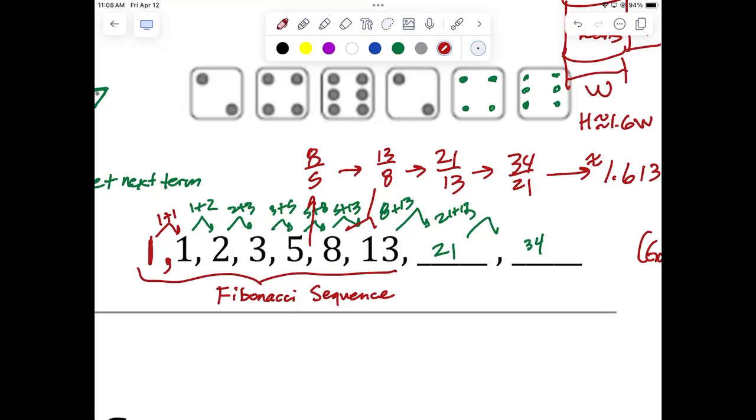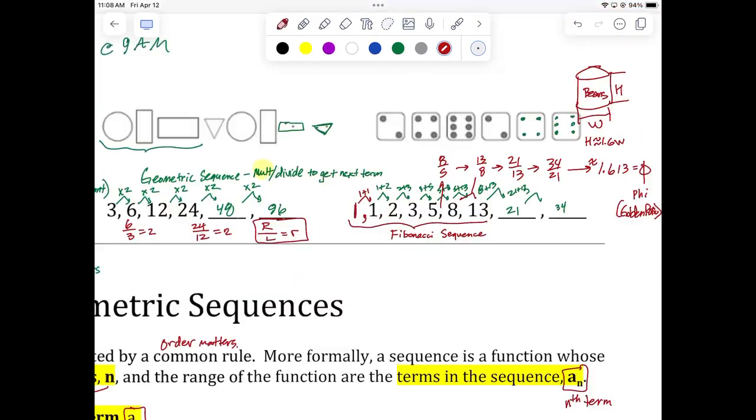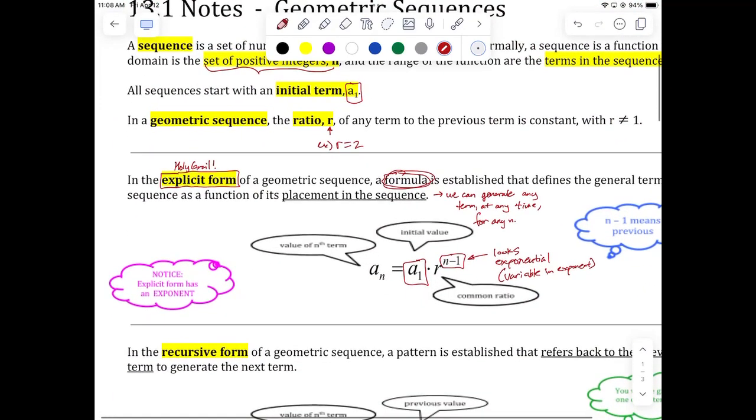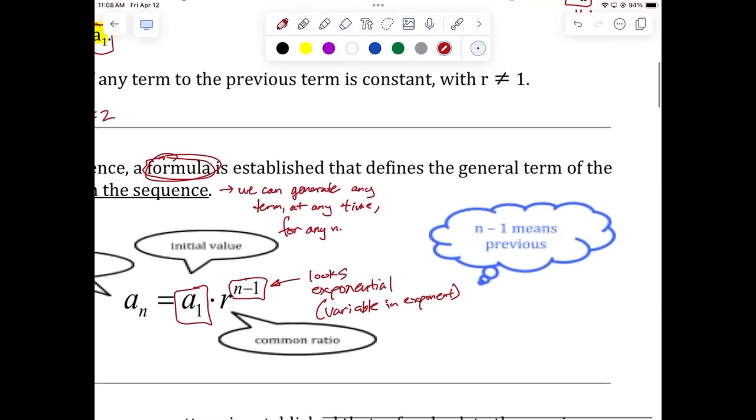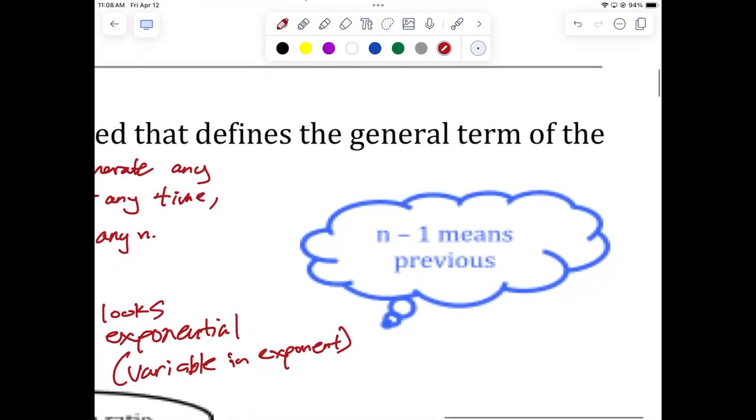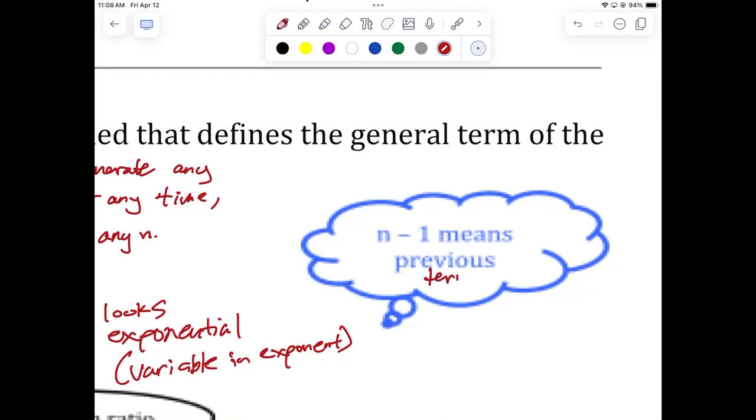I would have to generate all of the terms from 1 up to 99 just to be able to find the 100th term. That's labor intensive, right? So that's the recursive sequence. If I can find an explicit form of the sequence, it's the Holy Grail. Now it says right here in a bubble, n minus 1 means the previous term.